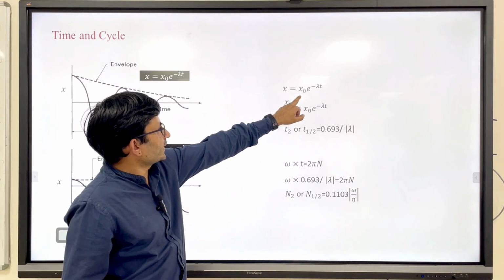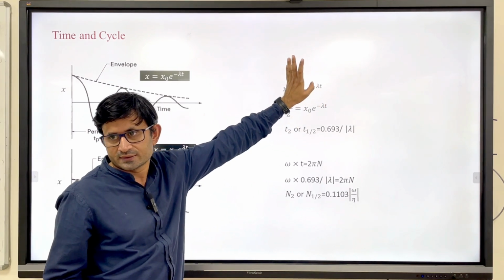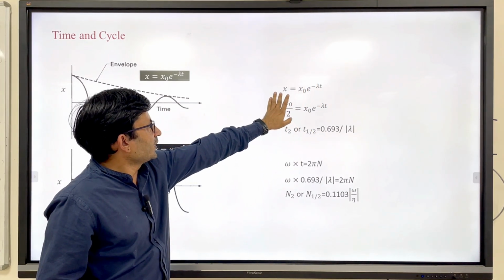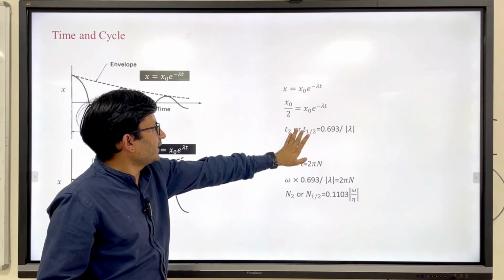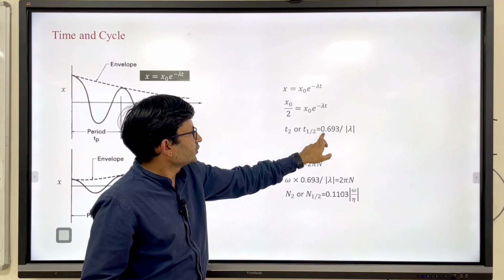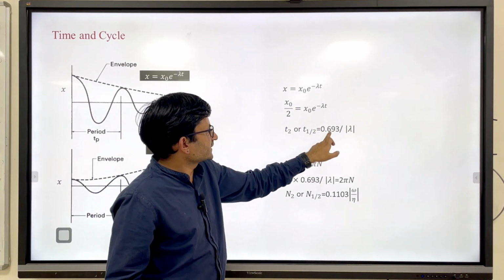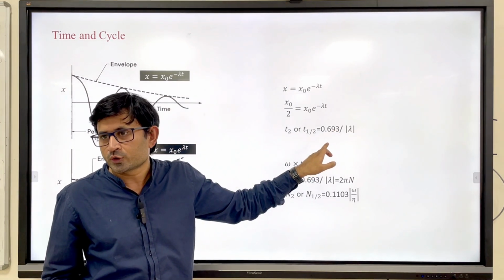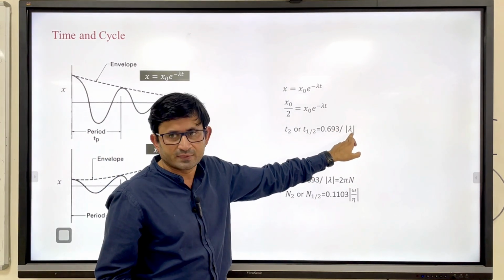Say x equals x naught e to the power minus lambda t, simply, right? If you put x equal to x naught by 2, and rearrange, putting t equal to t half or t double, you will get 0.693, which is nothing but log 2, divided by mod lambda.